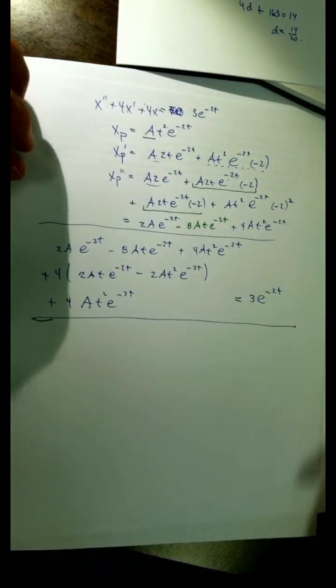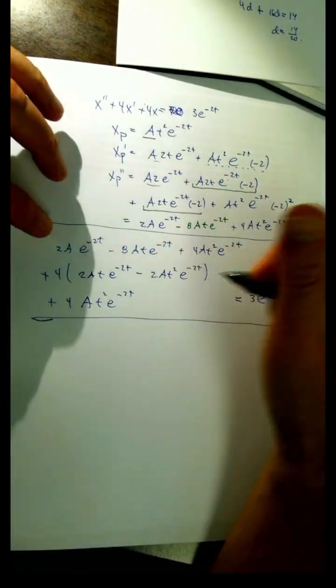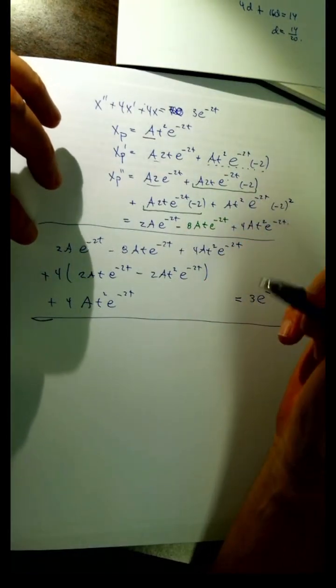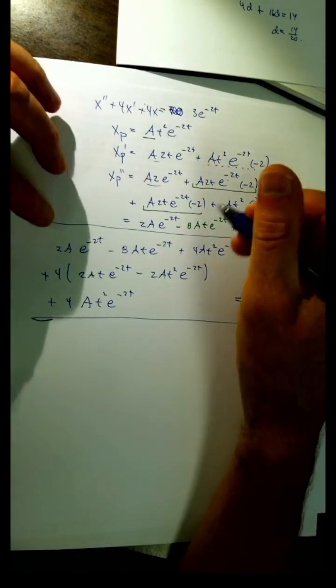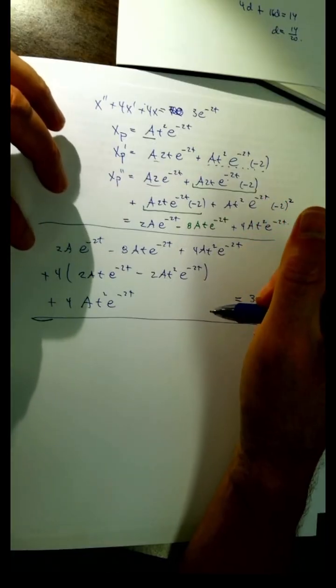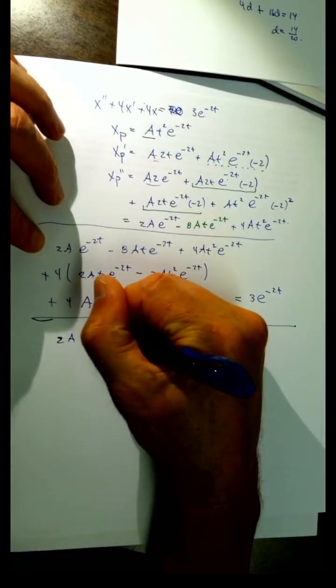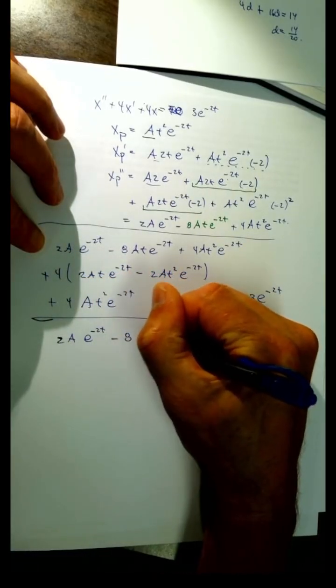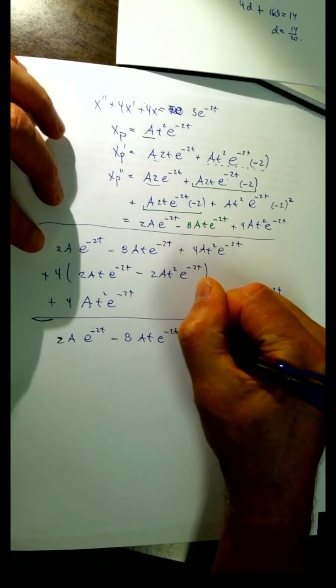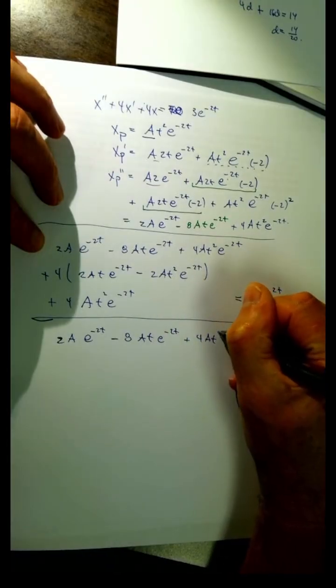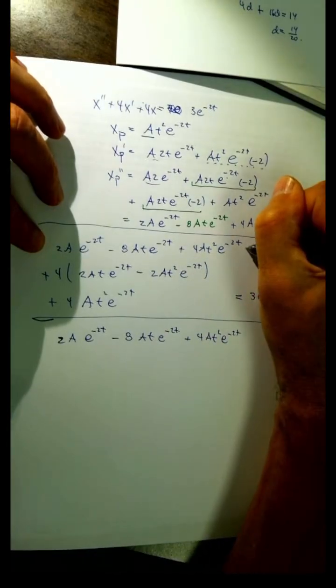Alright, that's still a lot. Let's do the algebra. Notice I'm doing this step by step. I'm trying not to skip steps because there's a lot to keep track of and it's going to be a mess. So this becomes 2a e to the minus 2t minus 8at e to the minus 2t plus 4at squared e to the minus 2t. All I did was rewrite this term.